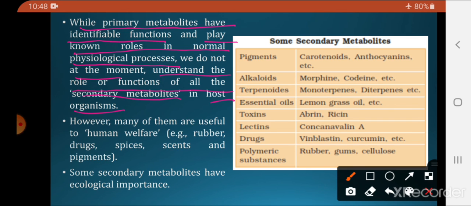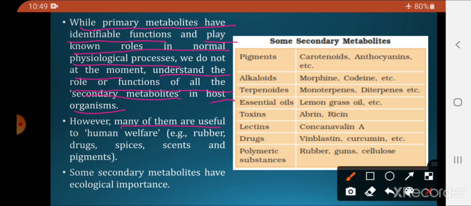Host organism यानी जिनमें वो present है, उनमें सेकेंडरी मेटाबोलाइट्स क्या करते हैं उसका कोई भी अभी तक फंक्शन अपने को पता नहीं है. It is not yet known.